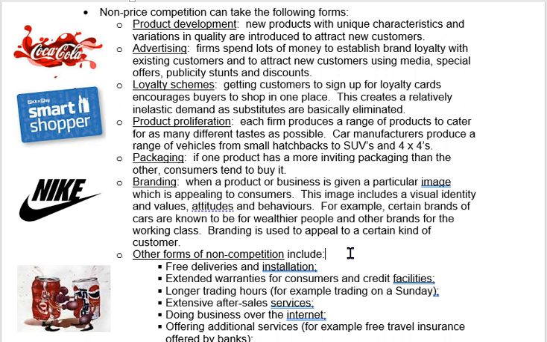So if you see the brand, you see Adidas, or you see BMW, or you see whatever, Puma, Nike, whatever, in your mind, an image comes up as to what you think people that buy that brand will be like. Okay, so as mentioned there, certain brands of cars are known to be for wealthier people, like Mercedes, and other brands are more for the working class. So they use branding to appeal to a certain kind of customer.